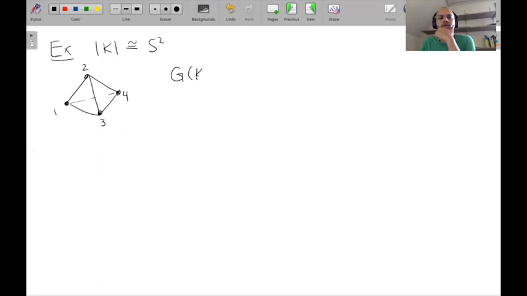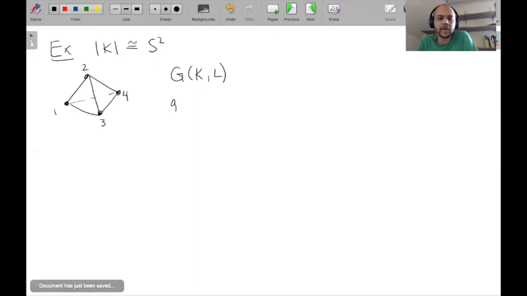We know what we should get as an answer. This group, since it's the fundamental group of the sphere, should be trivial. So let's just see if that's indeed the case, and this is good practice in working with this group.